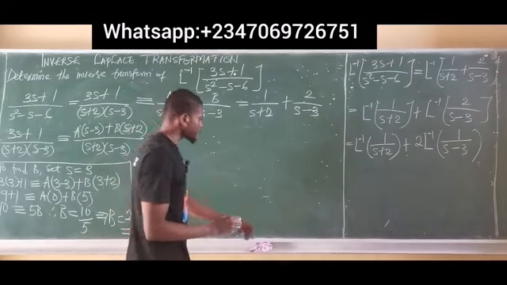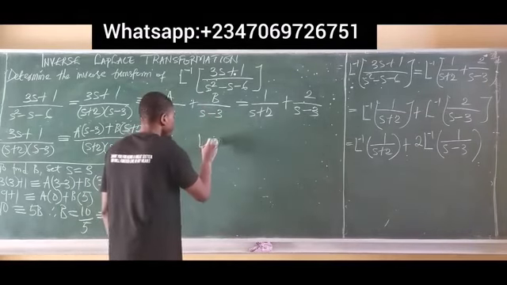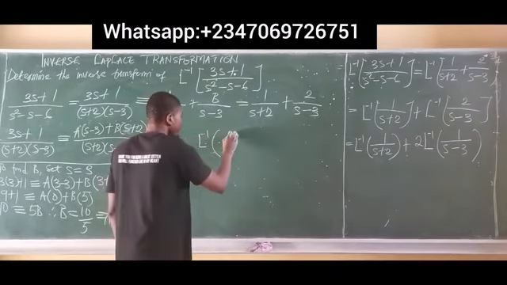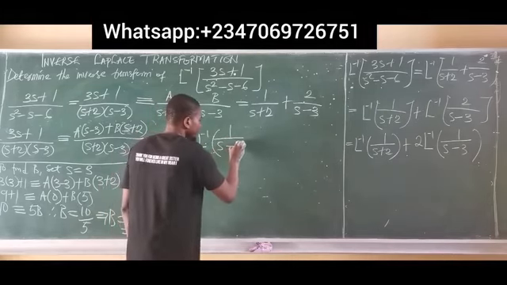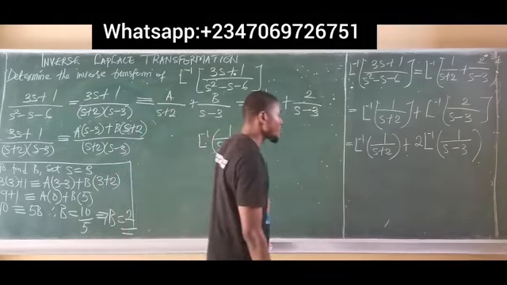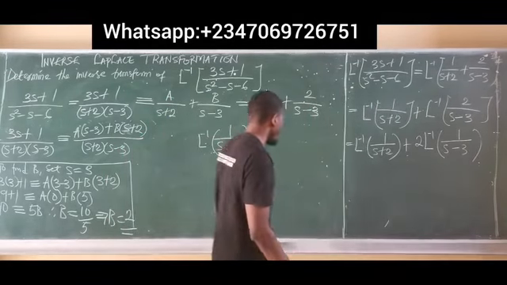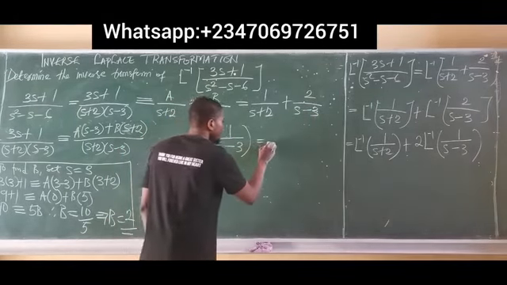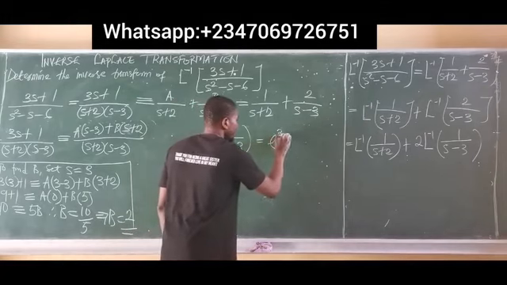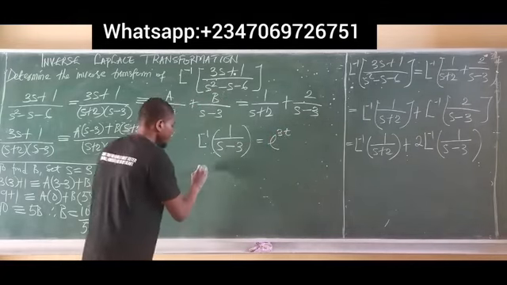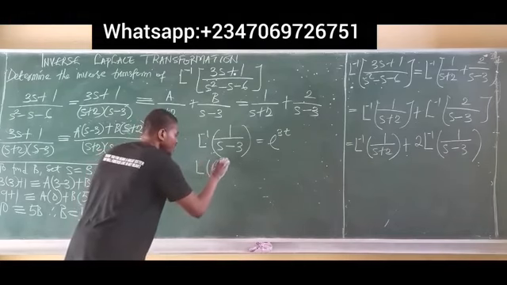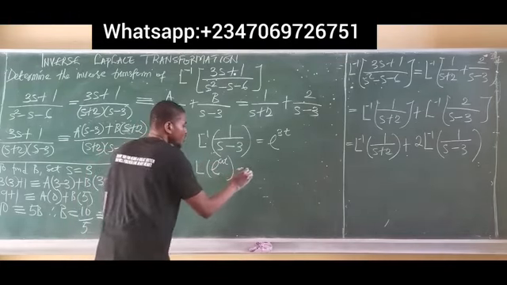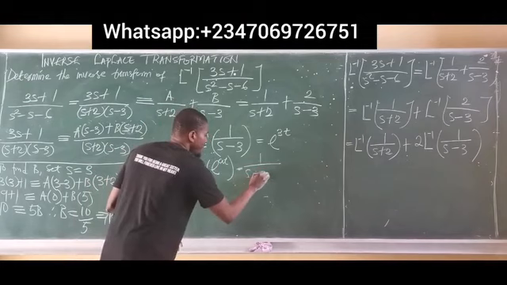Now I have this. The Laplace inverse of 1 all over s minus 3, I'm seeing there, 1 all over s minus 3 automatically becomes exponential to the power of 3t, because we said the Laplace transformation of exponential at will give us 1 all over s minus a.